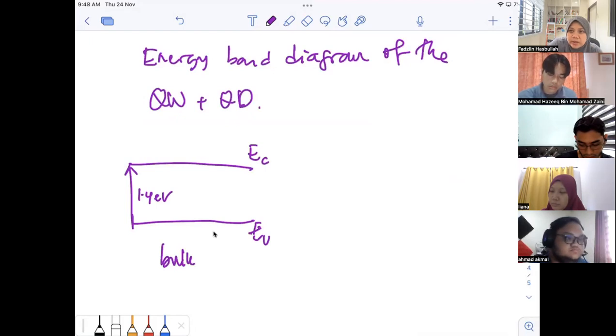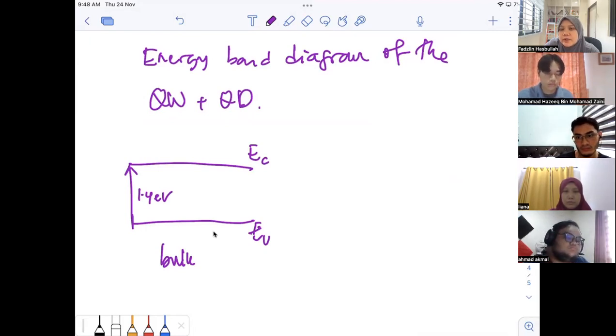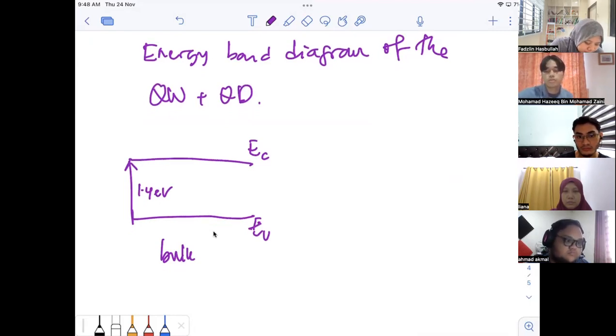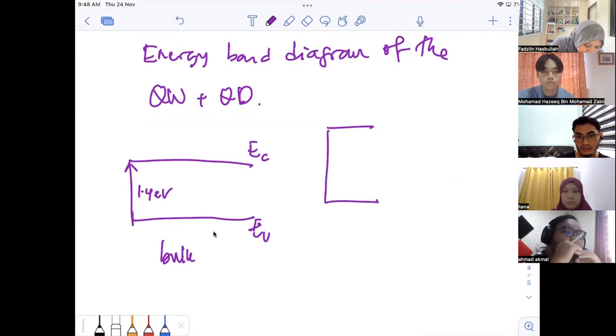In order for us to make quantum well or quantum dot, dia syarat dia kena sandwich between two different materials with different band gap. Kalau saya draw structurally dia kena macam ni, biasanya orang draw macam ni.